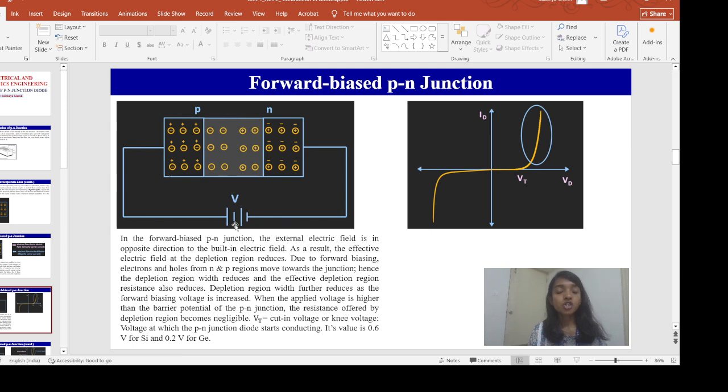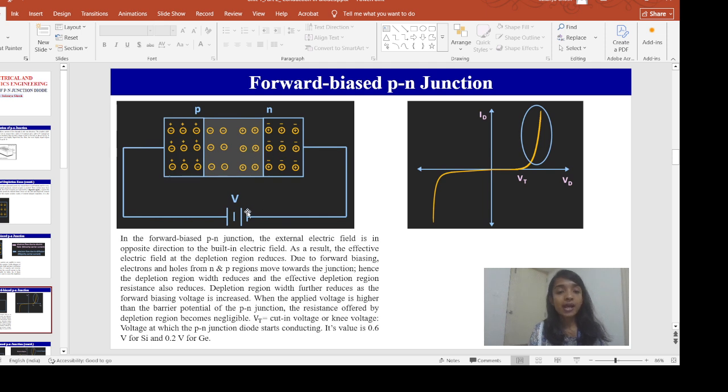But due to this external battery, the electric field is also from positive to negative. That means here it is right to left and here it is left to right. Due to these opposite directions of the electric field, the effective electric field in this depletion region reduces. Due to the forward biasing, electrons and holes from the N side and P side move toward the junction.